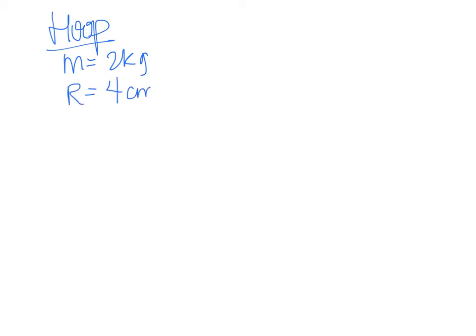Let's look at maybe an example, what that would entail. So let's take the case of a hoop. And our hoop has a mass of 2 kilograms, a radius of 4 centimeters, and the height of our ramp will be 50 centimeters.